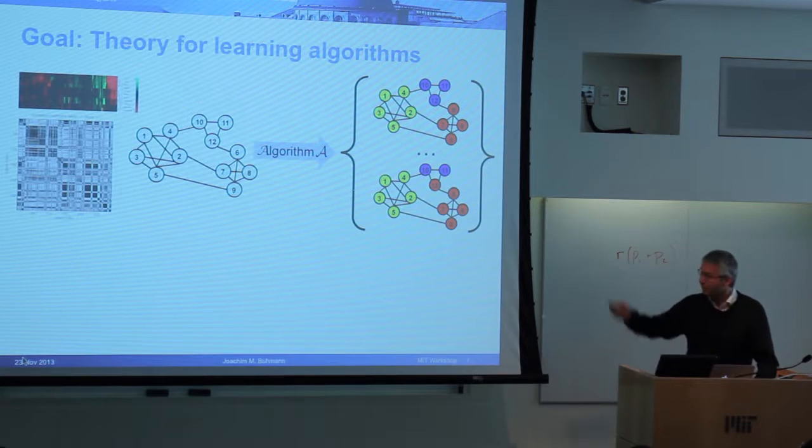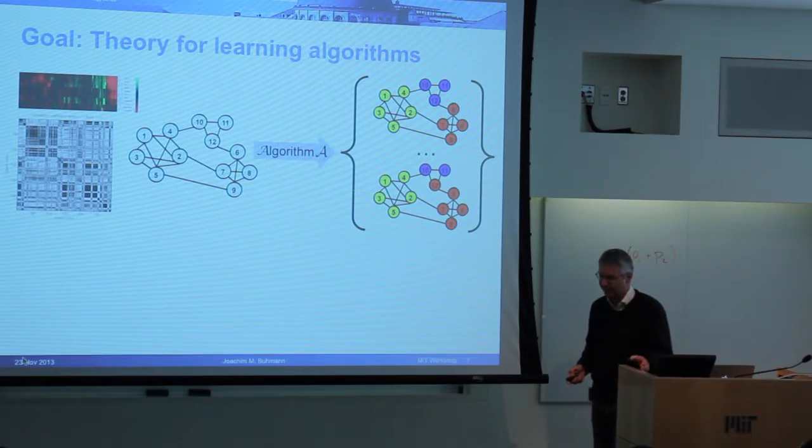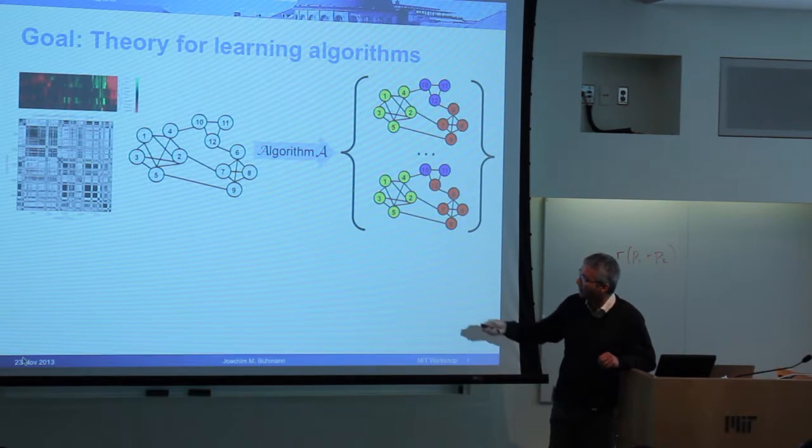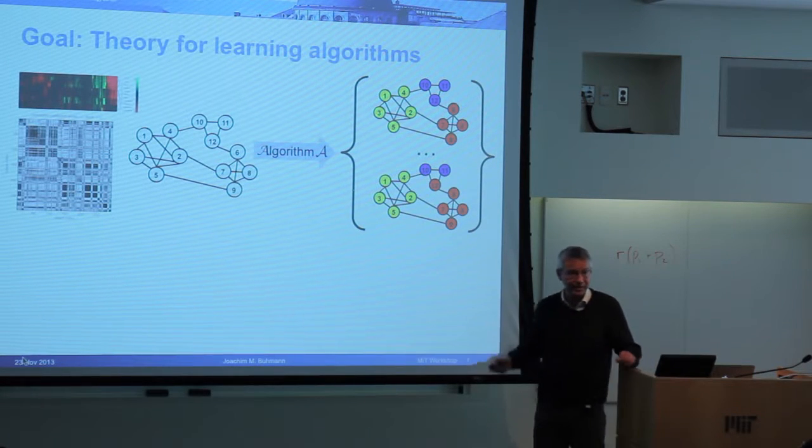So here, I was working for some time now on spectral clustering. Here is the pipeline pictorially. You go from your original measurements to graphs, and then you partition the graphs.